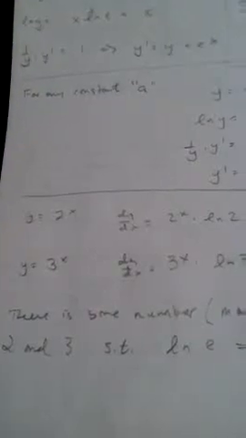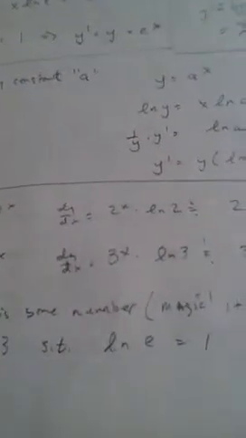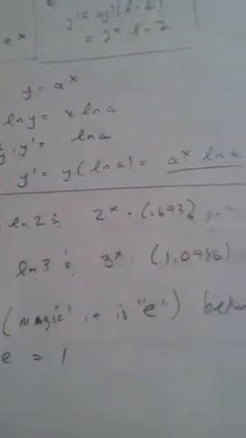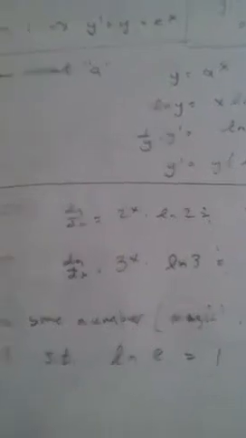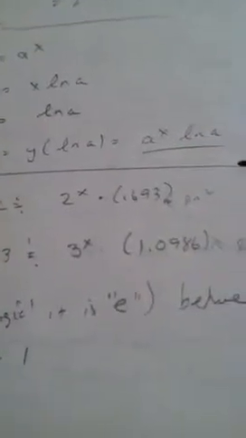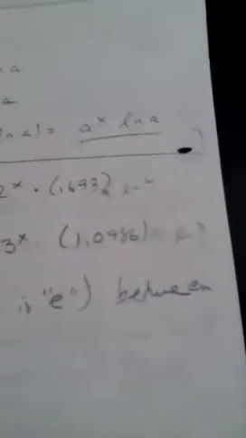So then I also made this little chart. Since the derivative of 2 to the x is 2 to the x times ln of 2, that's approximately 2 to the x times 0.693. When I move to 3 to the x, the derivative is 3 to the x times ln of 3, it's now 3 to the x times 1.0986.